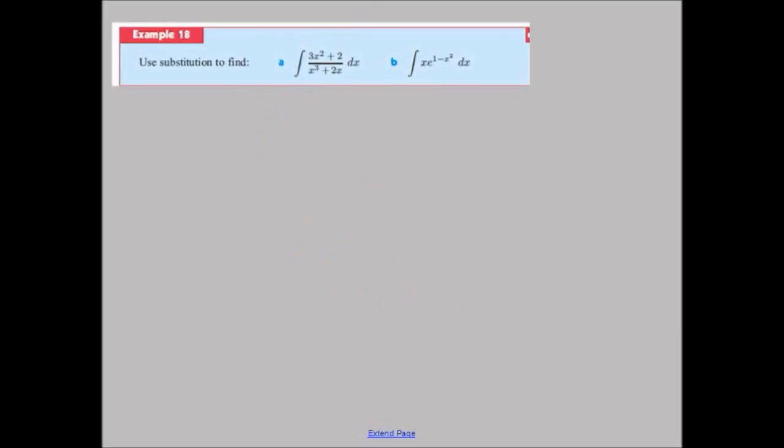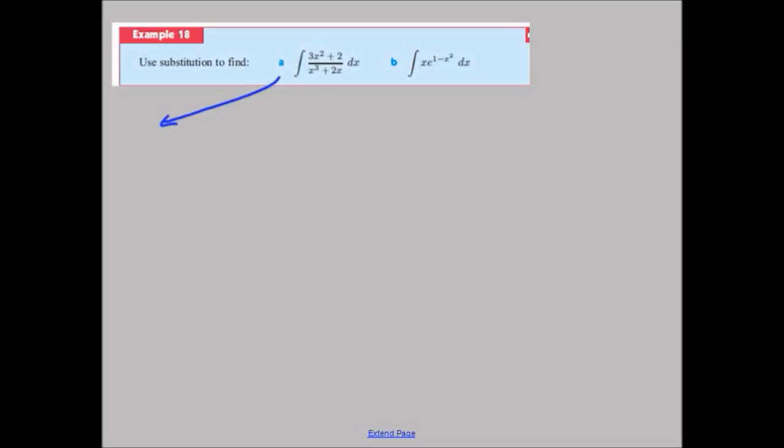Next one, use substitution to find these. So, is one the derivative of the other? Yes. The top one is the derivative of the bottom one.